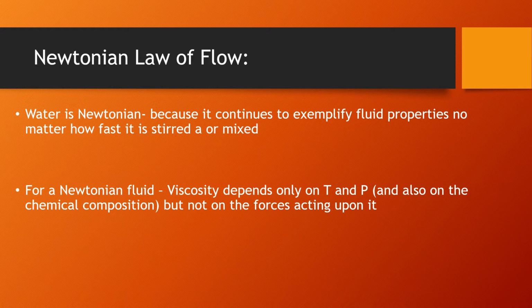For a Newtonian fluid, viscosity depends only on temperature and pressure. Always remember that it does not depend upon the stress or strain. It depends only on the temperature and pressure, and also on the chemical composition, that is, the chemistry of the fluid, but not on the forces acting upon it.